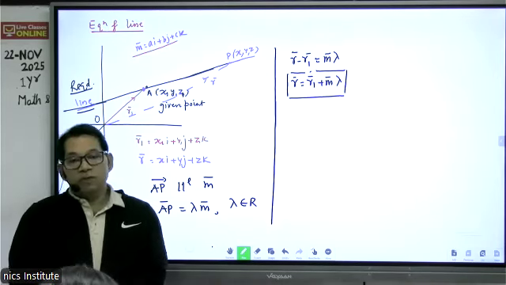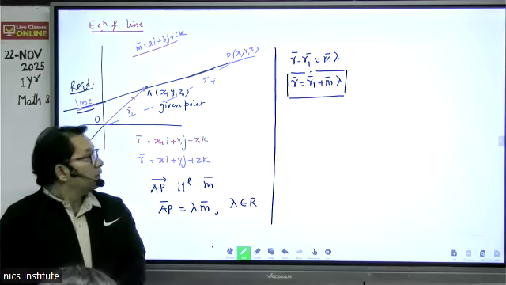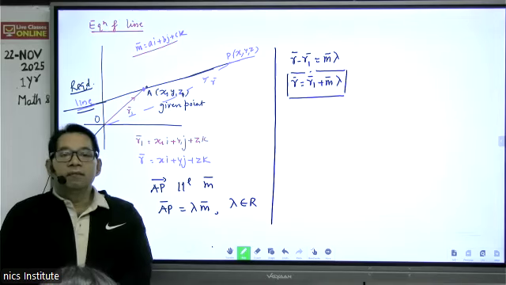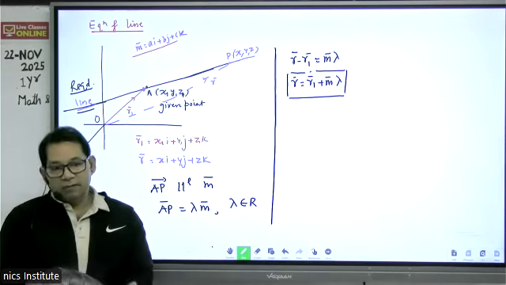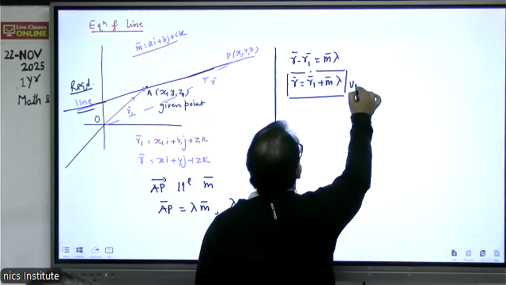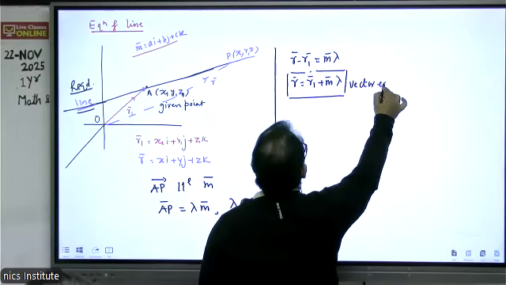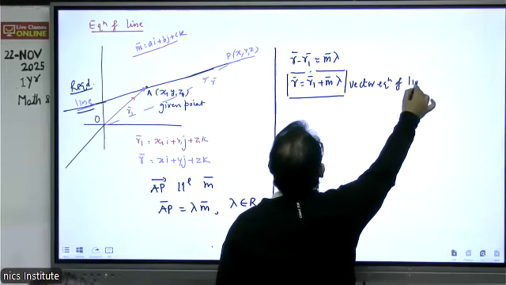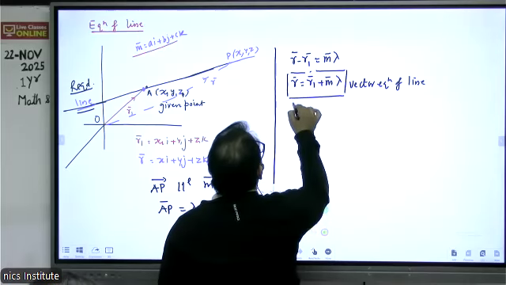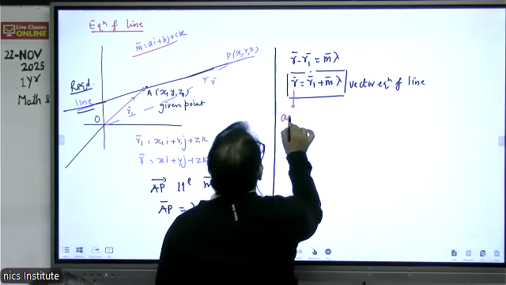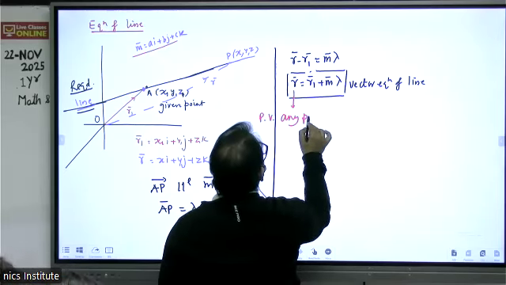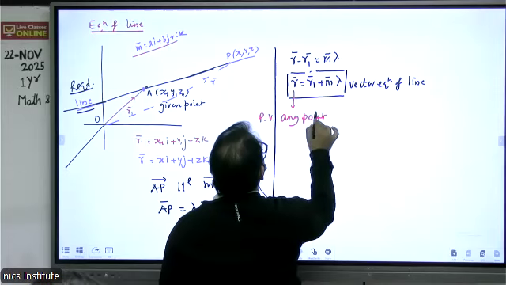In this, what is R? Position vector of any point on the line.